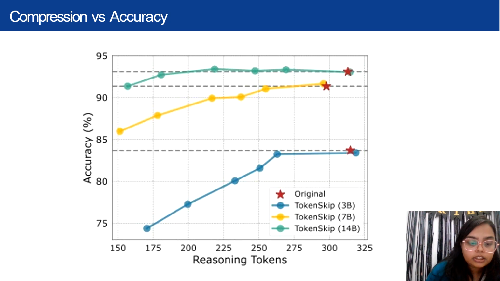The green line here, notice how flat it is. Even when we have reduced the reasoning tokens from 325 to 175, the accuracy stays almost perfect, 93 to 94%. This proves that we can cut almost half of the tokens without hurting the model's logic.